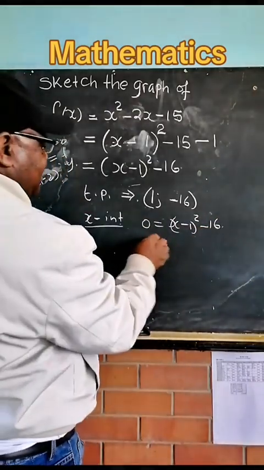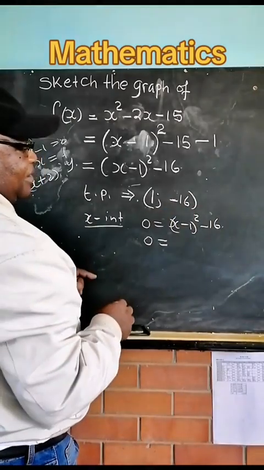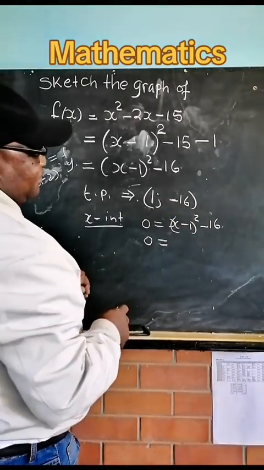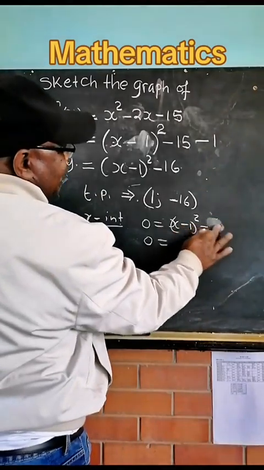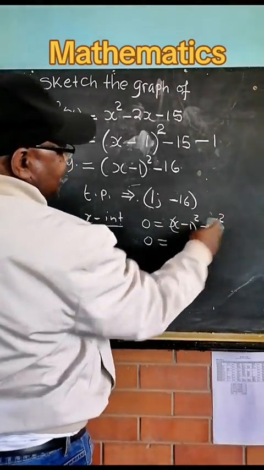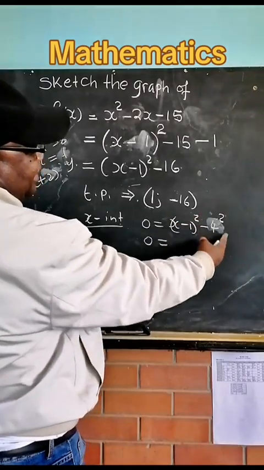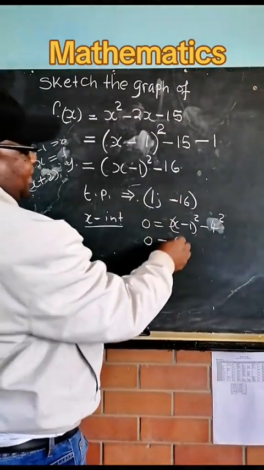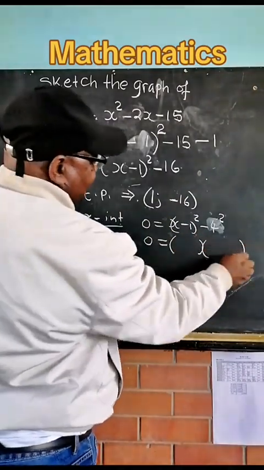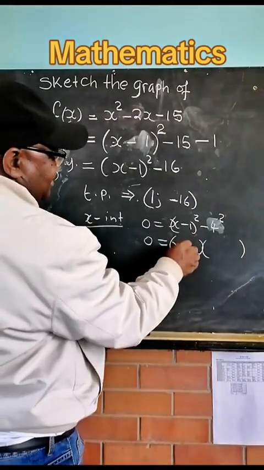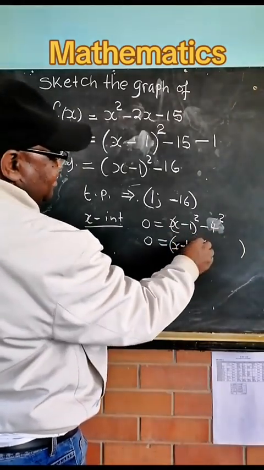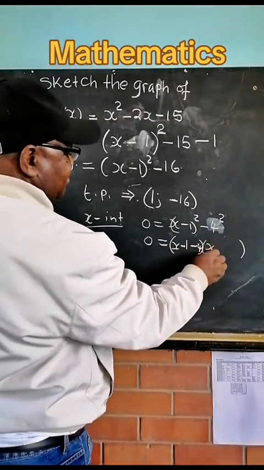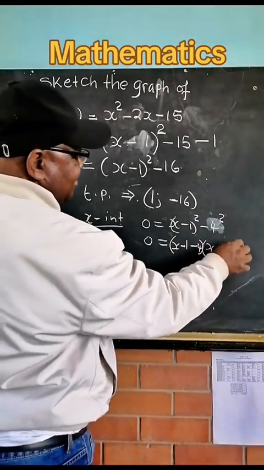So you then treat that right-hand side as a difference of 2 squares. This 16 can be written as 4 squared. So this is a square, this is a square. This is a difference of 2 squares. What are the factors of such? I'm going to have this factor x minus 1, subtracting this one, which is 4, then x minus 1 plus 4.